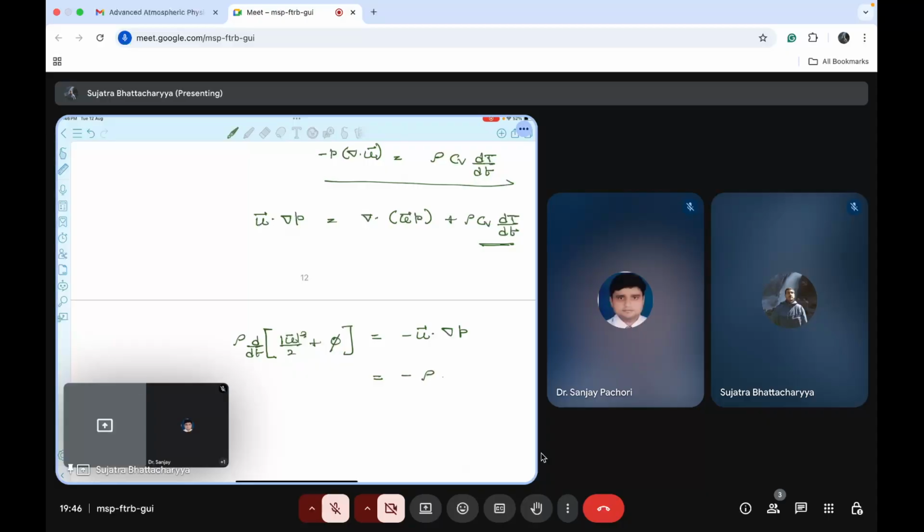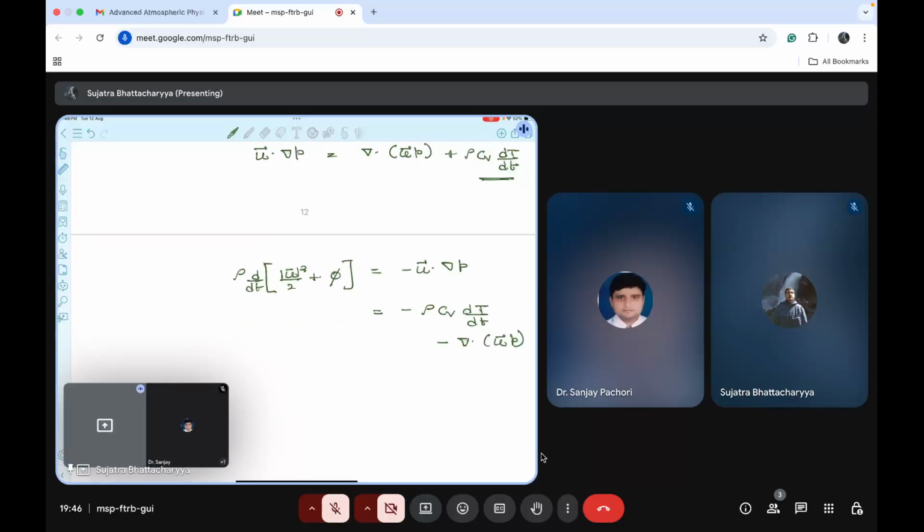So it is rho cv dt by dt minus del dot u into p. So just take it on the right hand side. d dt of u square by 2 plus phi plus cvT is nothing but minus del dot u p.